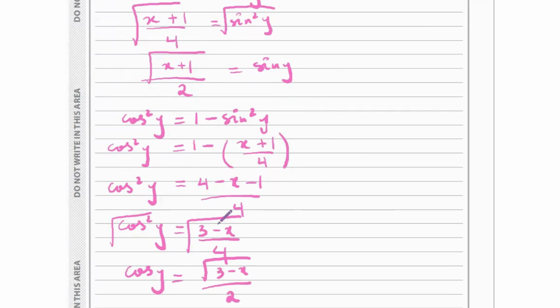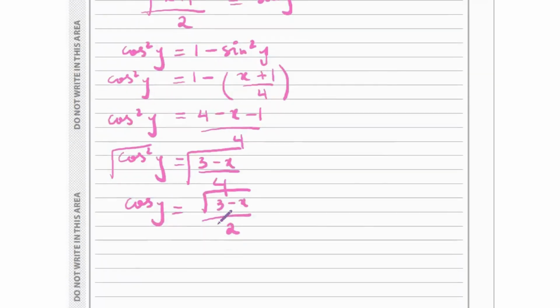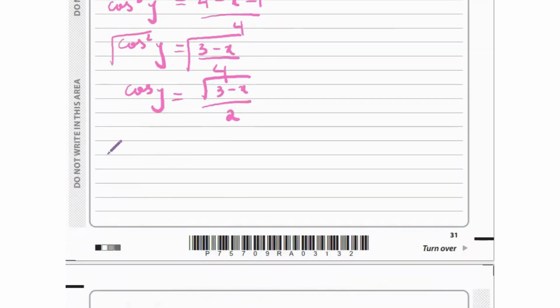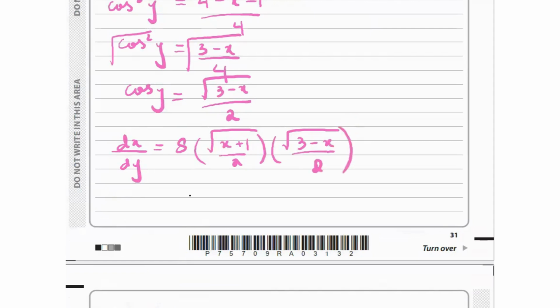Now we're going to plug this into the dx by dy equation. So dx by dy equals 8 times sin y. Sin y is root of (x plus 1) over 2, times cos y is root of (3 minus x) over 2. So that's going to be 2 times root of (x plus 1) times root of (3 minus x).